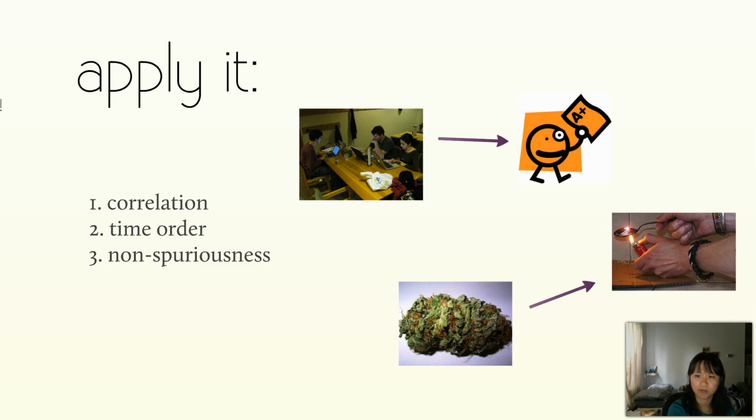So for marijuana being a gateway drug, is there a correlation? I'm not really sure. I think that the number of marijuana users is significantly higher than those that use some of the harder, I guess, street drugs. Time order is something that you have to consider as well. And then non-spuriousness.